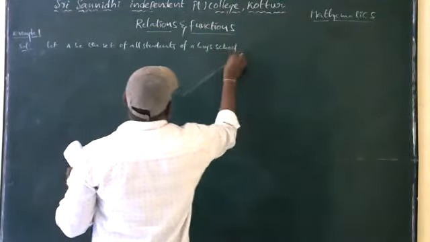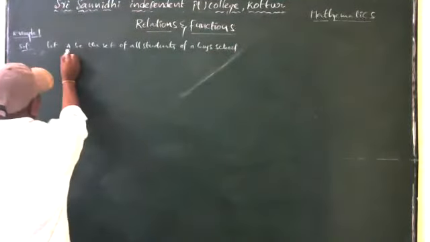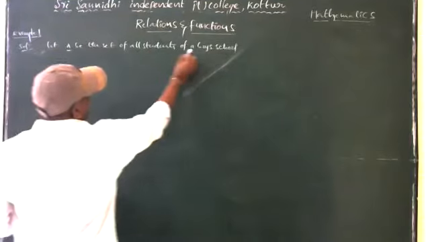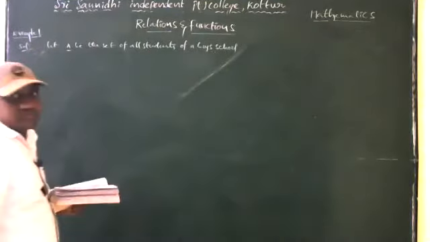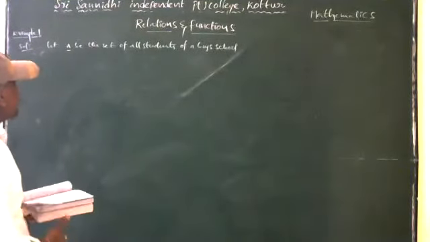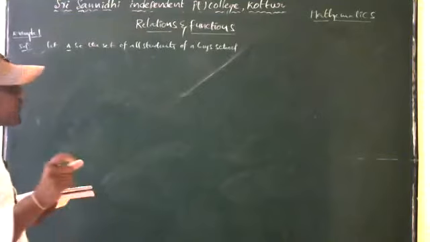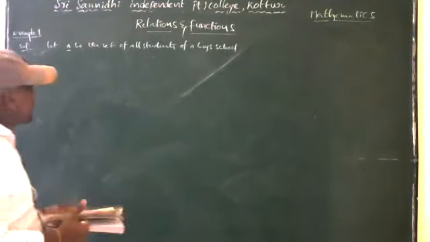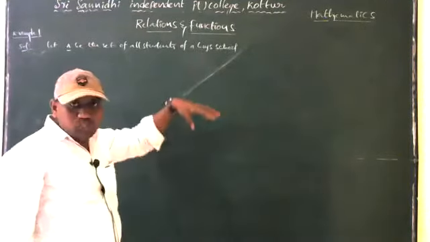That means capital A represents the set of all students of a boys' school. So here all students are boys only.